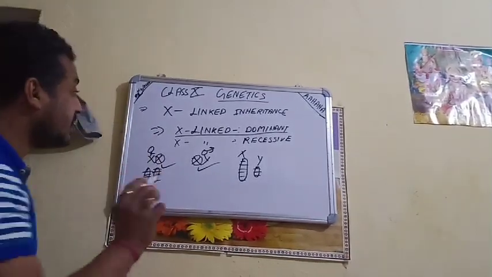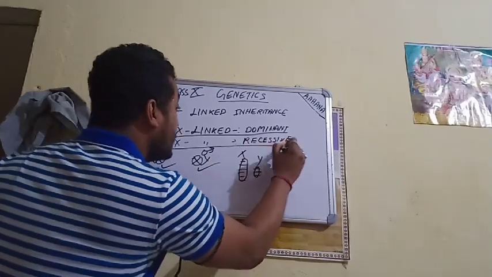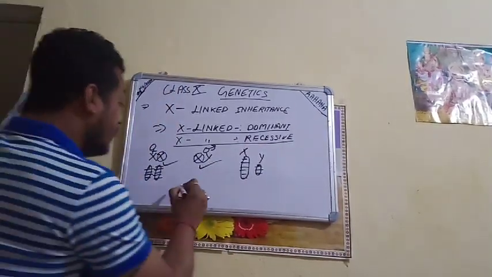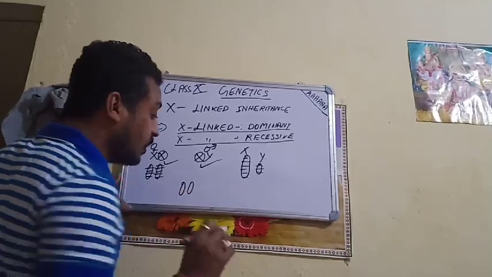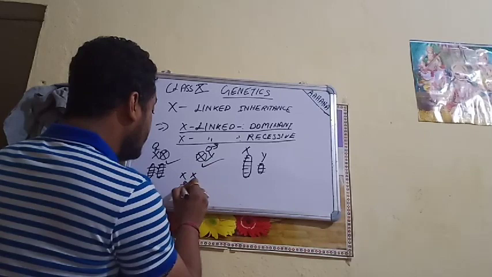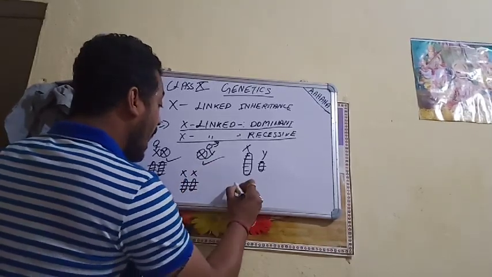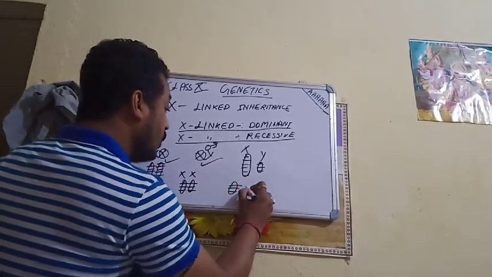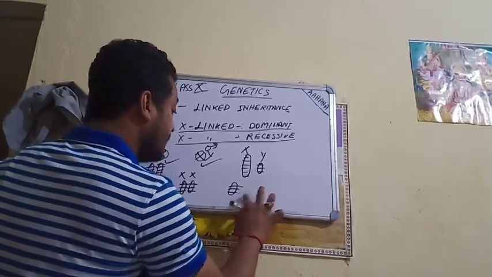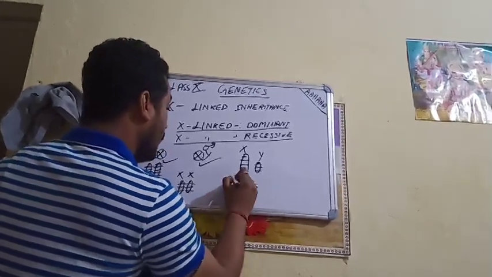But in some cases, which are X-linked recessive, the alteration of genes in the XX chromosome is recessive and in the XY also it is recessive. Let's talk about XX and XY.